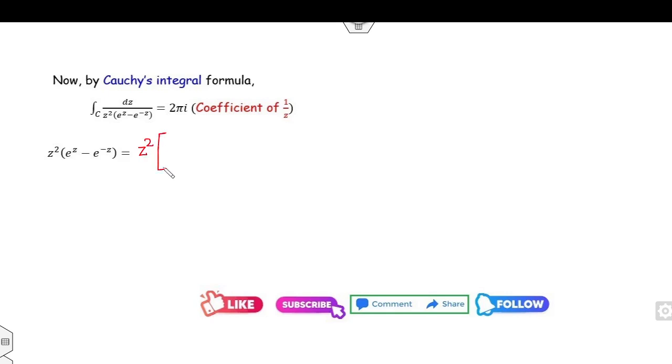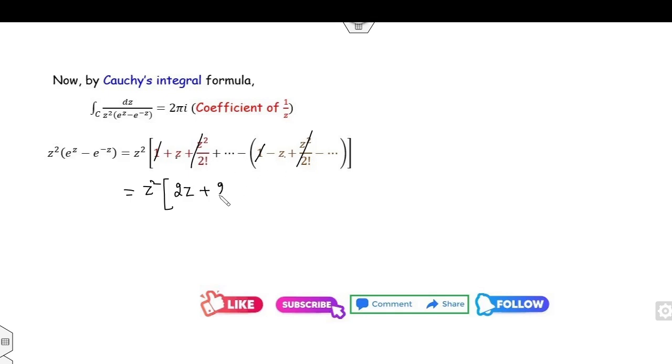So remember, what is the series of e raised to power z? 1 plus z plus z square over 2 factorial and so on, minus e raised to power minus z, 1 minus z and so on. Is it okay? Now you can see 1 will be cancelled out, this z square will be cancelled out. So the inside quantity will be 2 times z.